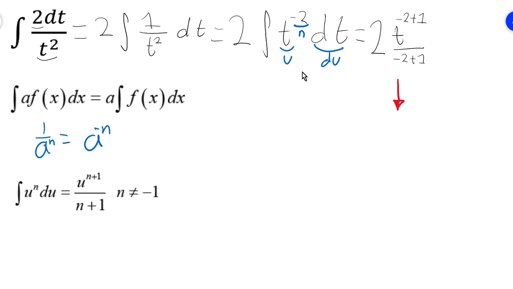Finally, we're going to simplify this by putting here 2 times t to the minus 1 over minus 1. And we know that this is the same as putting the t down again from the t to the minus 1.